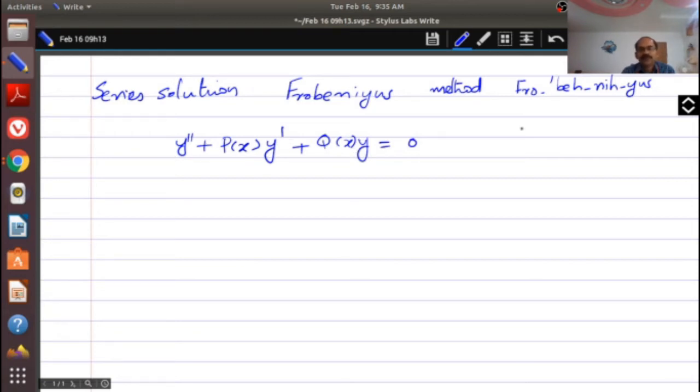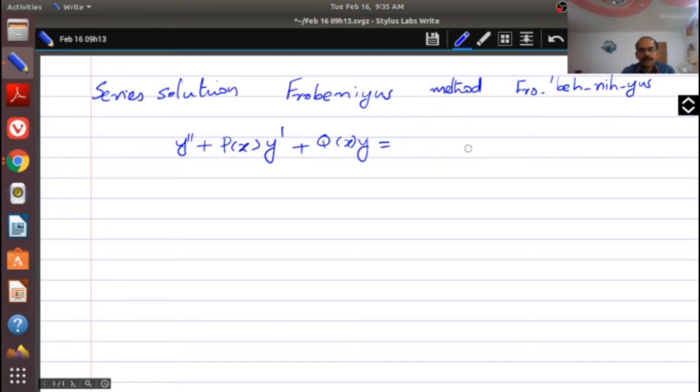If there were another term, say something like f of x, which does not have y or its derivatives, then this equation is no longer homogeneous. We know that this is non-homogeneous, and this term is many times called the source term.